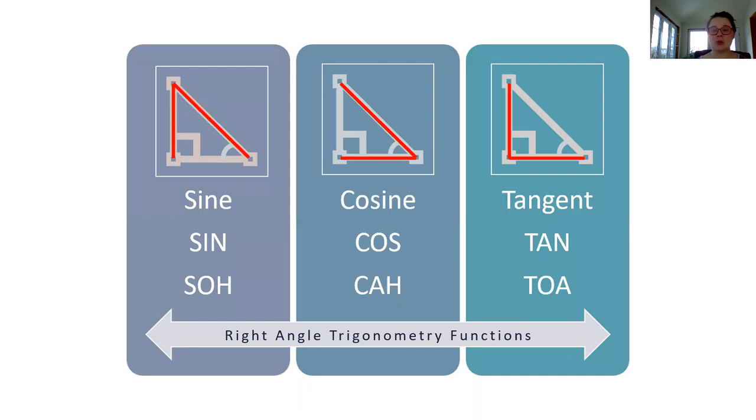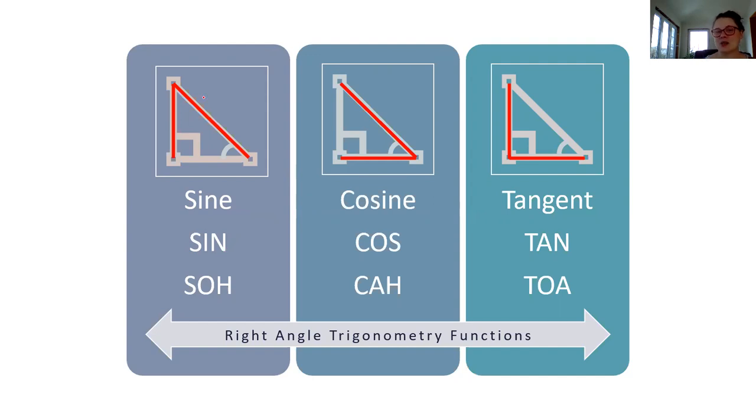All right, so there are 3 trig functions that we're going to deal with in right angle trigonometry. The 3 functions are labeled here, and I've got them labeled with their technical names, the abbreviations we use in our calculator, and then the abbreviation we use to remember the ratio. So the sine ratio, it's not a sin ratio because there's actually an E on the end of it. We abbreviate that in our calculator as SIN, sine.